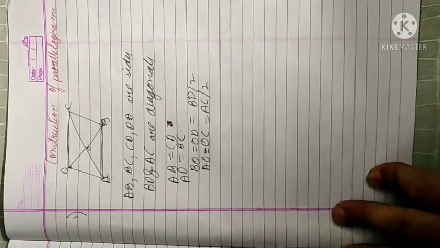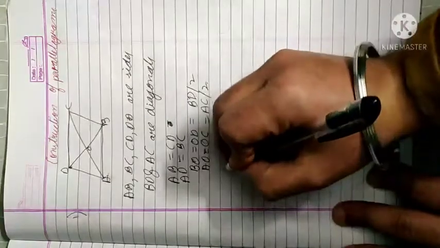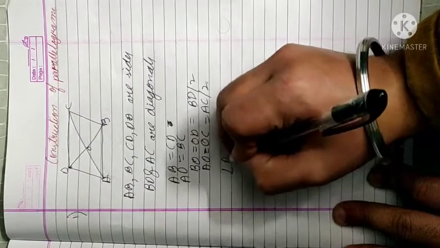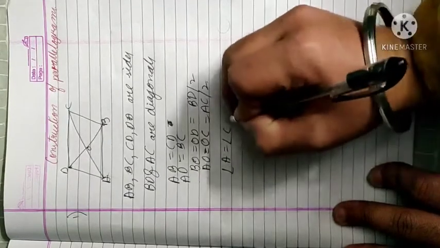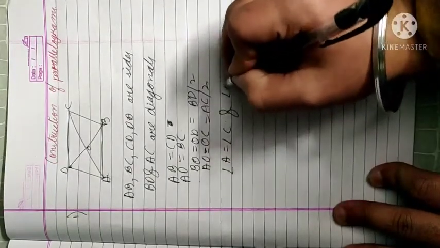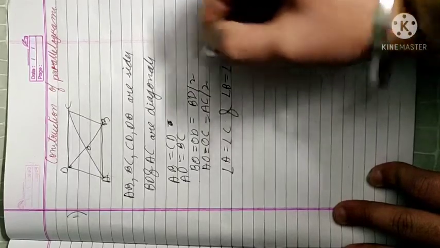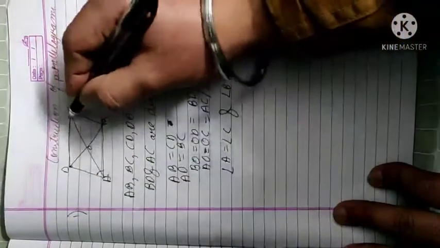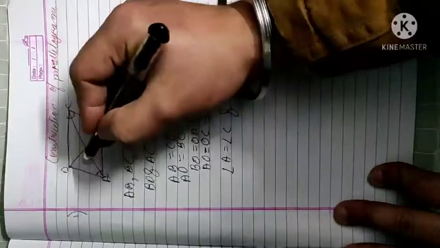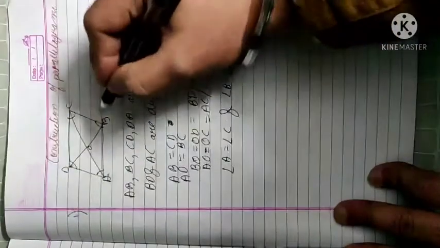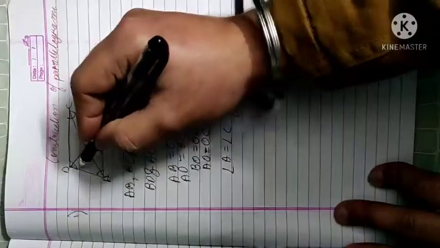And one more thing, here angle A will be equal to angle C, and angle B will be equal to angle D. Here this complete angle will be equal to this complete angle. Okay, B and D are equal and A and C are equal.